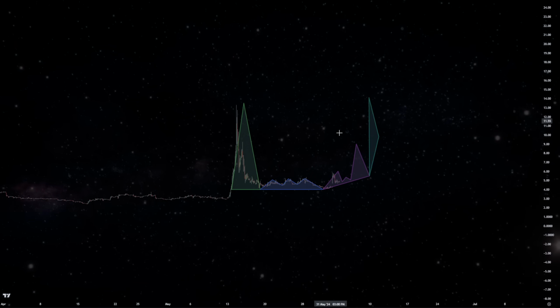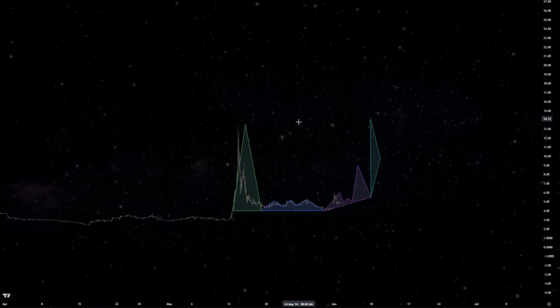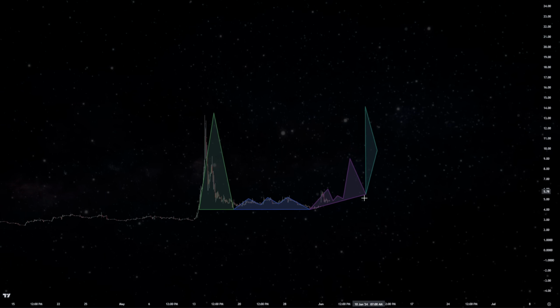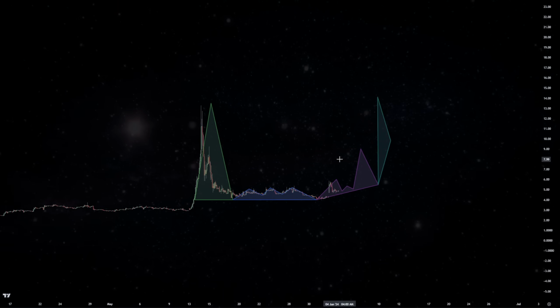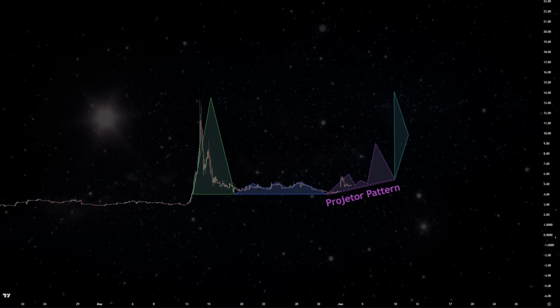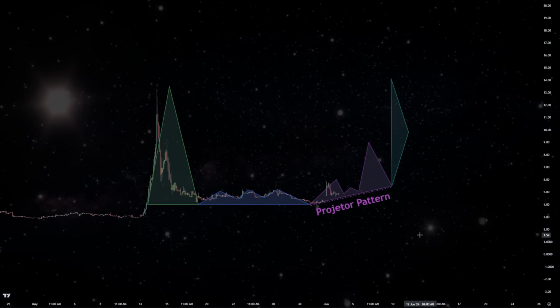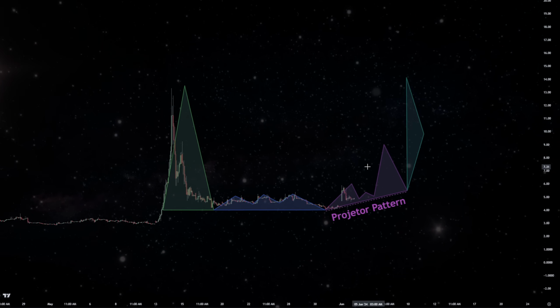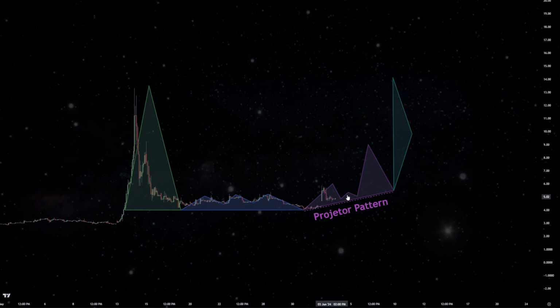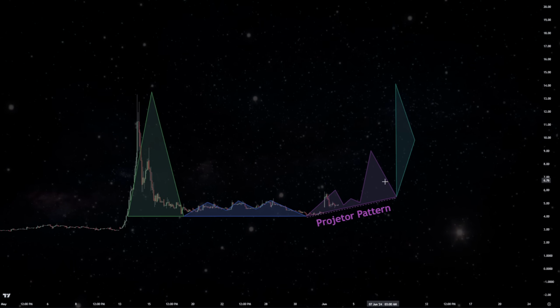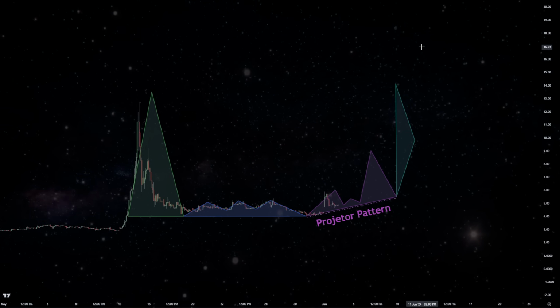Within this macro reaccumulation pattern, we have a small reaccumulation pattern, and we refer to this as the projector pattern. Now, for those that are new, the projector pattern is very important here in the cycle because it's what happens before a major run-up.